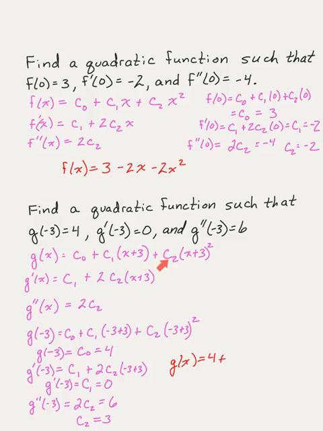All right, so now we have plus c sub 2, which we found was 3. So we're going to have 3 times x plus 3 squared.